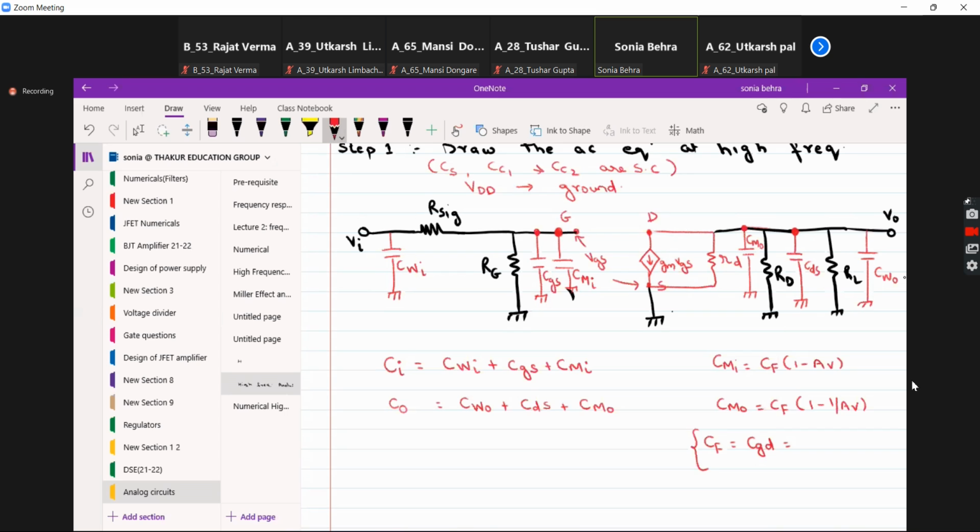One notation is the feedback capacitor, or you can also call it as your C mu. You can call this as C mu. कहीं कहीं आपको बुक में दिखेगा C mu भी बोला हुआ है. Okay, CGD is equal to CF, which is equal to C mu, and your one more capacitance is there, that is CGS.